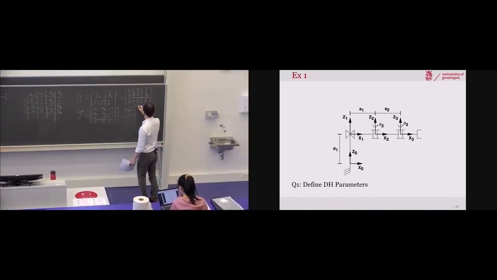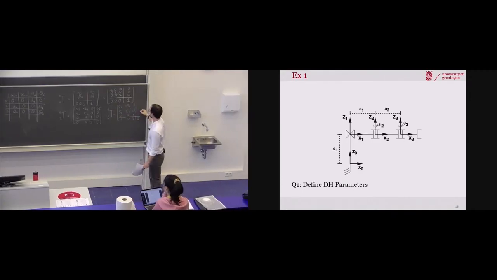Therefore, we have something like this: cosine of theta 3, minus sine of theta 3, sine of theta 3, cosine of theta 3, 0, 0, 1, 0, 0. Okay?